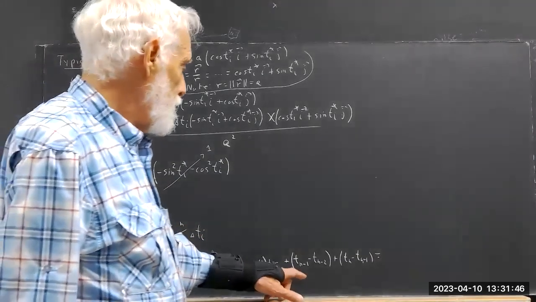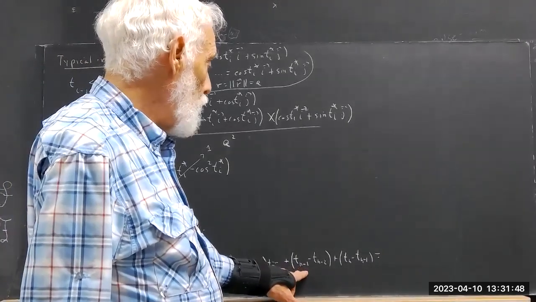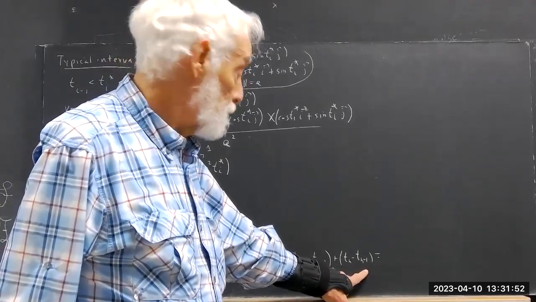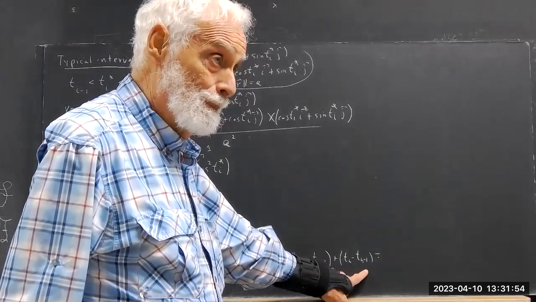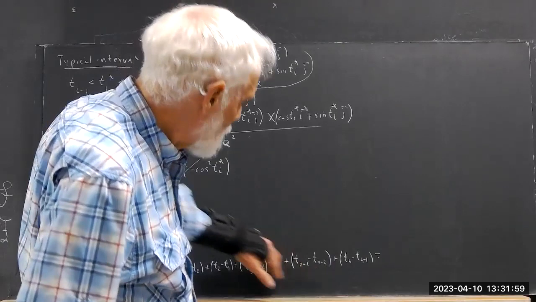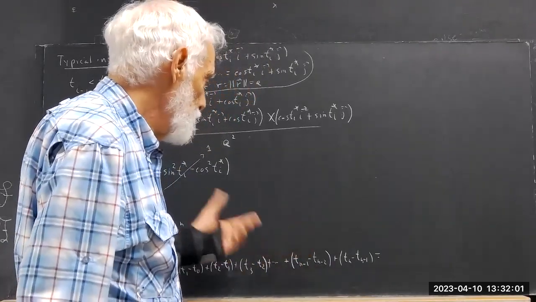At the end here, your T_n minus 1 is obliterated by this one. Your T_n minus 2 will obliterate the T_n minus 2 in the previous term.